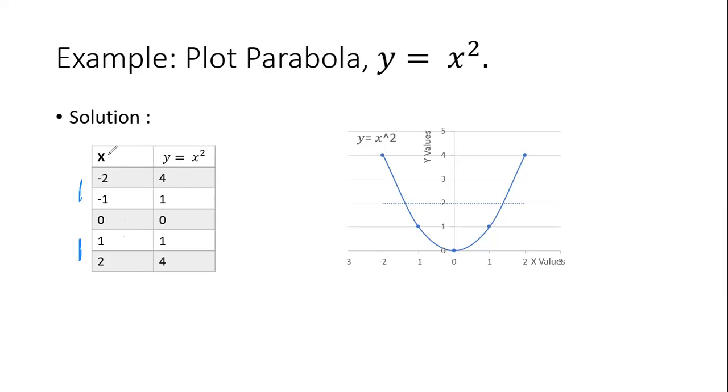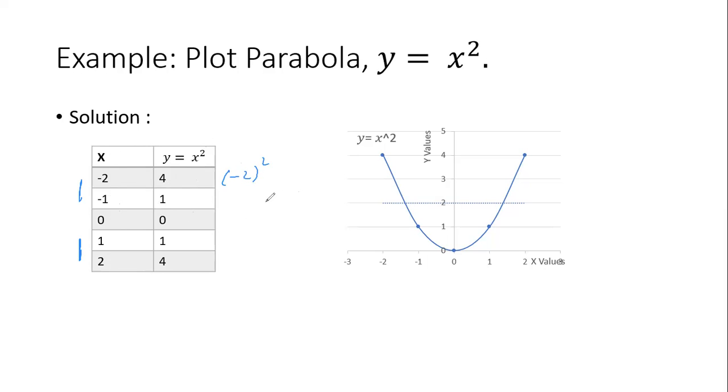I do this using these points. So I get x values -2, -1, 0, 1, 2, and substituting in y equals x square, I found these y values. Meaning if you substitute -2 here, you get -2 square, which is +4. Do the same thing with the other values, -1, 0, 1, 2. We get all these y values.